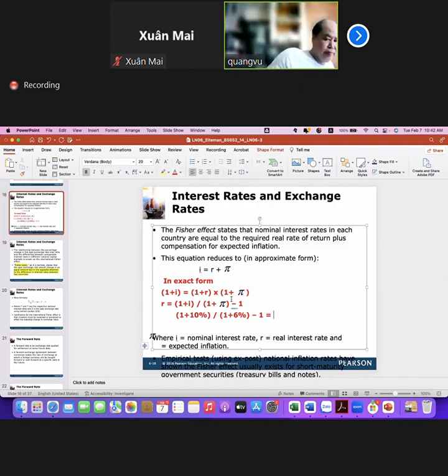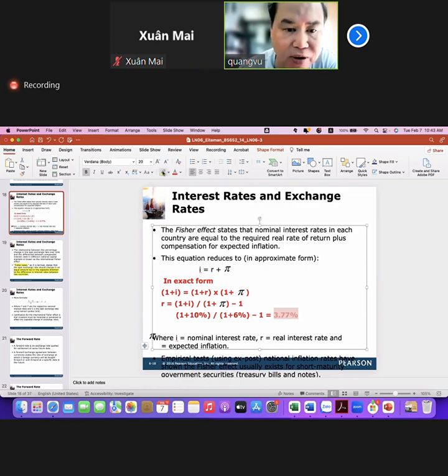Okay, give me a couple seconds. Let me get a calculation done using my personal calculator. 1.1 divided by 1.06, and then 3.77%. Yeah, the real rate you actually earn is only 3.77%.